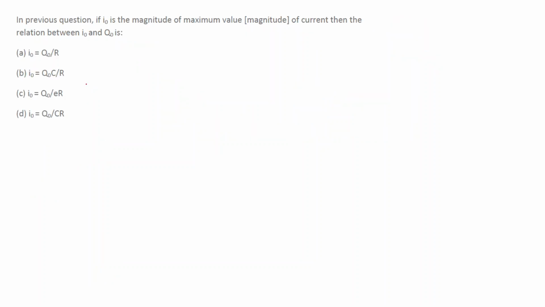Now next question, it's about the previous question. If I naught is the magnitude of maximum value of current, then the relation between I naught and Q naught is, again recalling the expression for charge during discharging, Q naught e to the power minus t over RC, and now they are asking what will be the expression of current in this circuit. That will be I, we know, is dq by dt, and we will take the derivative of this.